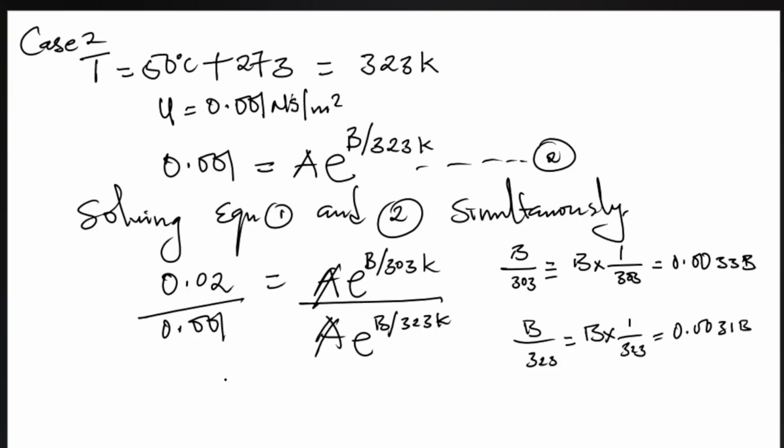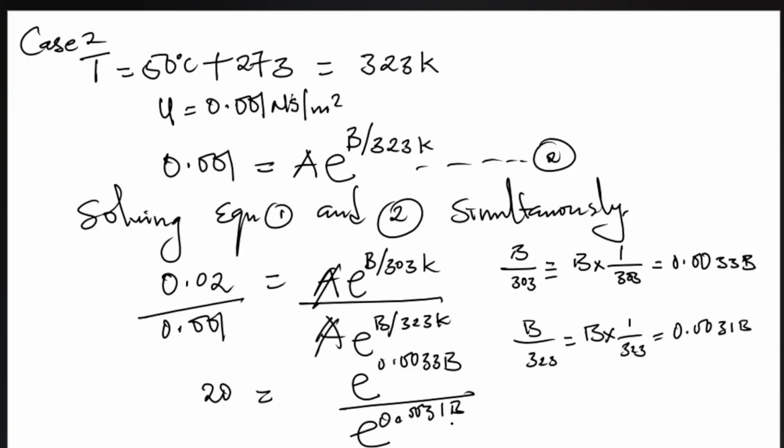So here you have 20, and 20 is equal to, remember what you are left with here: exponential 0.0033b, dividing exponential 0.0031b.